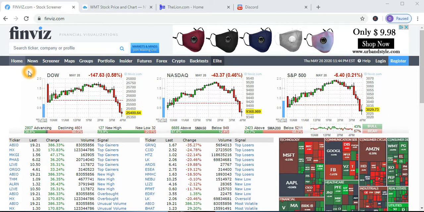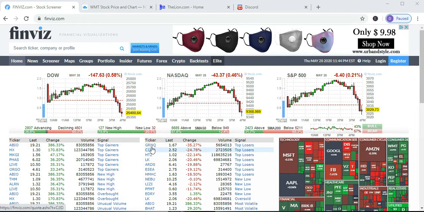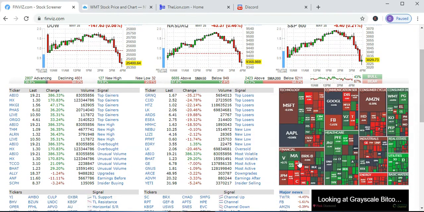FINVIZ has a lot of features built in, but my favorite ones are the gap ups for the day, shown here, the gap downs for the day, shown here, and the sector color map off to the right that shows the performance of the major indices and the major sectors. This can help you in your trading by knowing which sectors are currently hot.